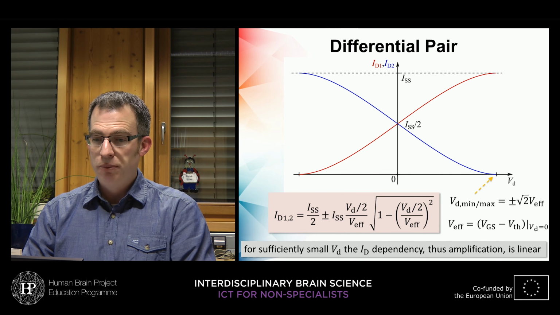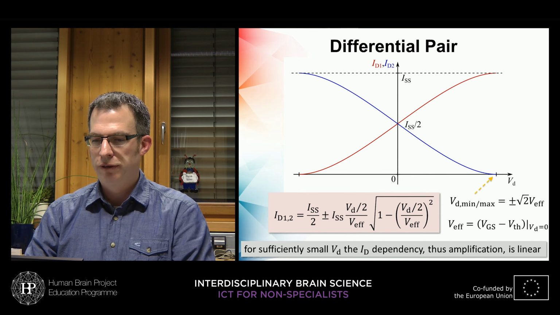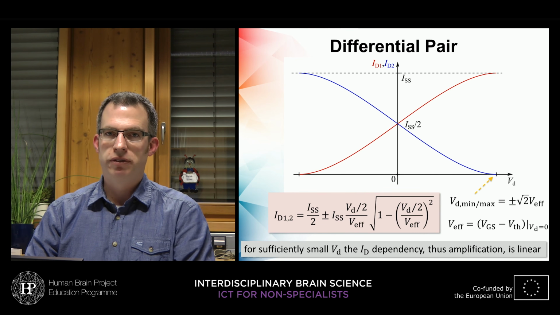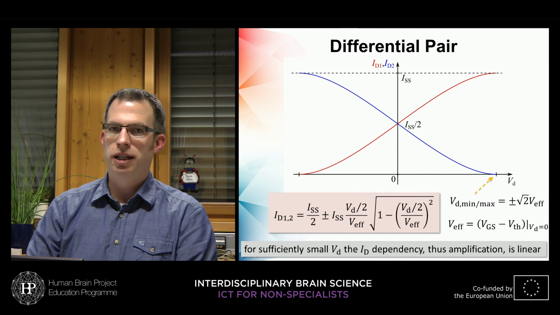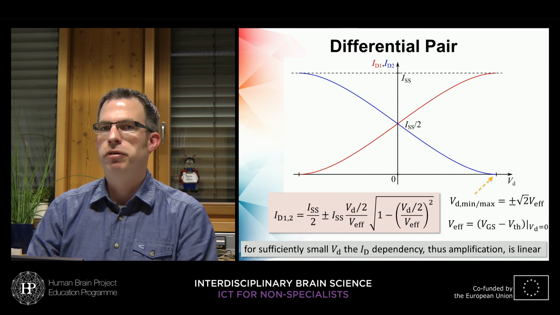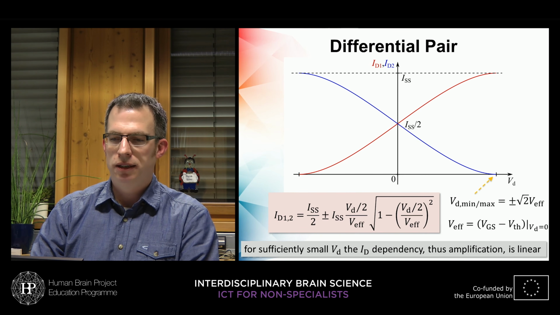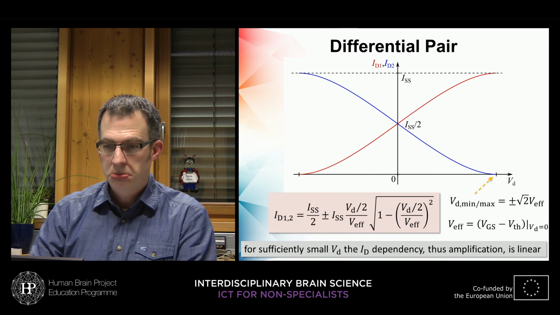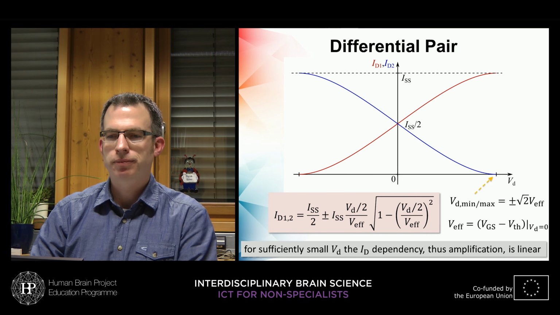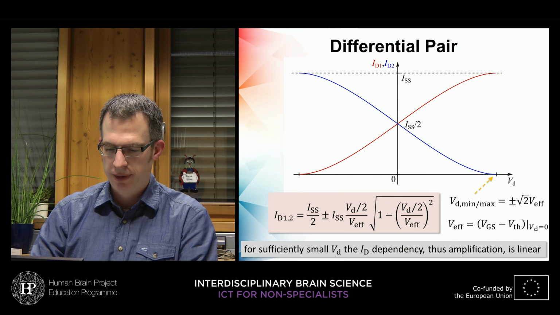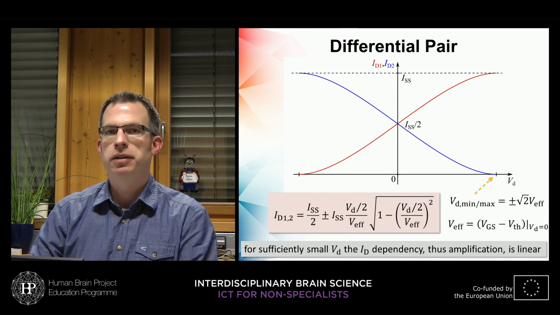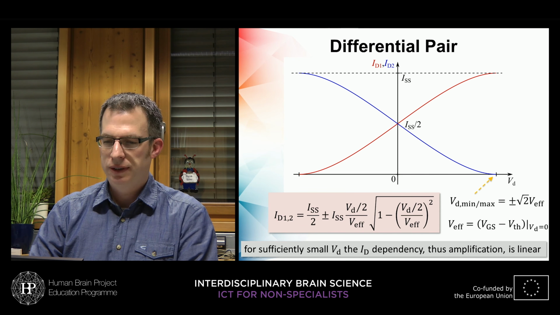So we have a linear amplification of the differential input voltage at the output, and you already have seen a device where this is exactly also the case. It was our operational amplifier, and that's why this differential pair is the input stage for all operational amplifiers. Obviously it has limitations. So the real operational amplifier, as you might have already imagined, loses some of these ideal properties that we have discussed.